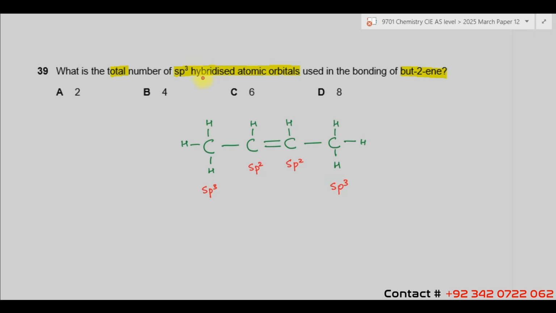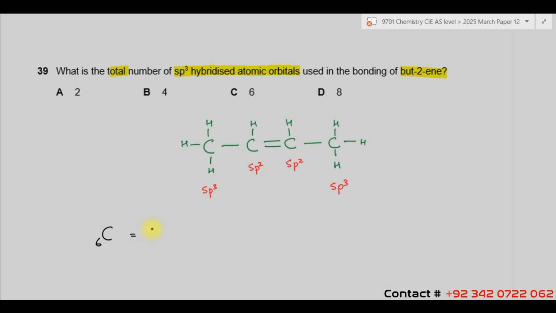They're not talking about sp3 carbons or sp2 carbons. They want to ask about sp3 hybridized atomic orbitals. So each carbon atom has atomic number of 6.